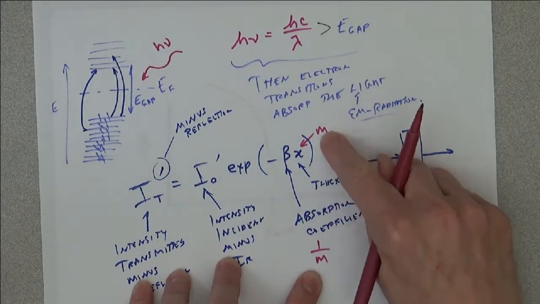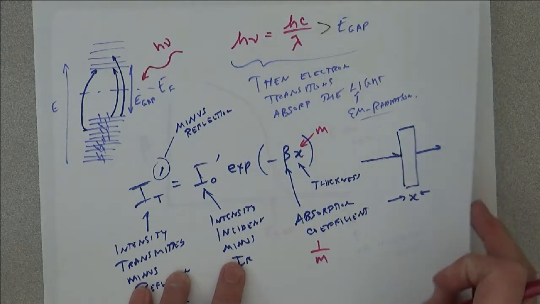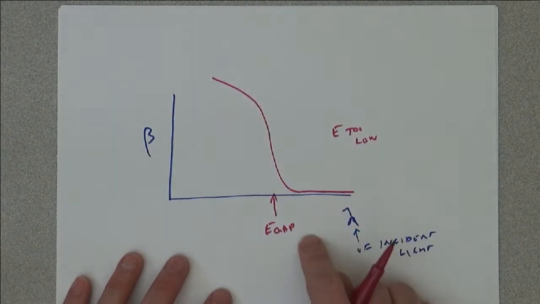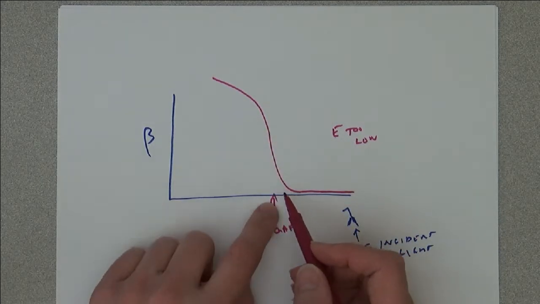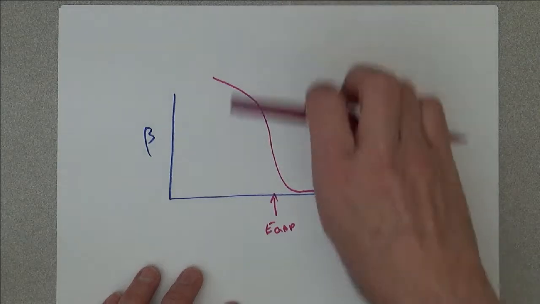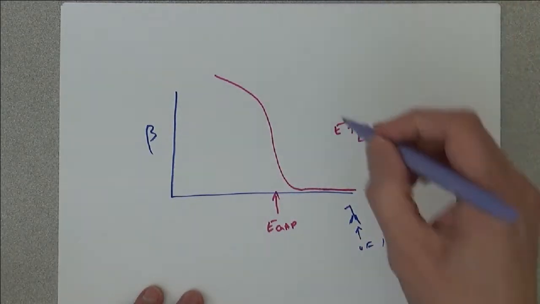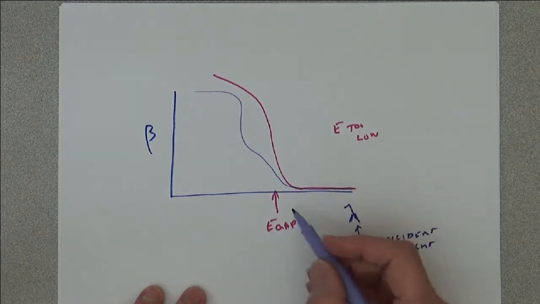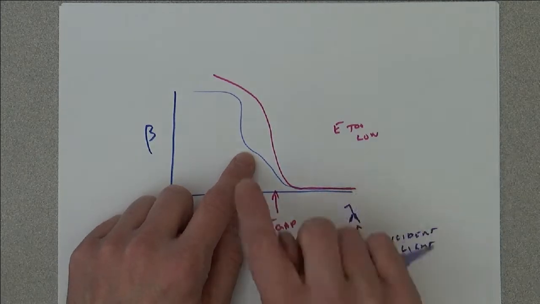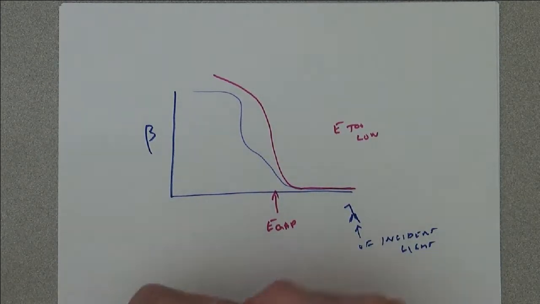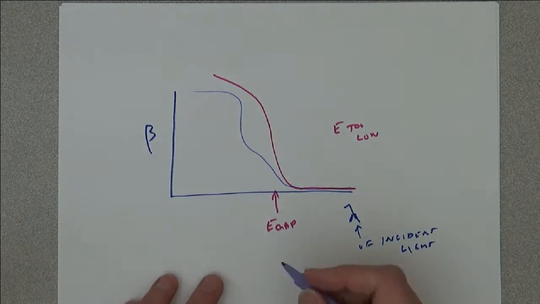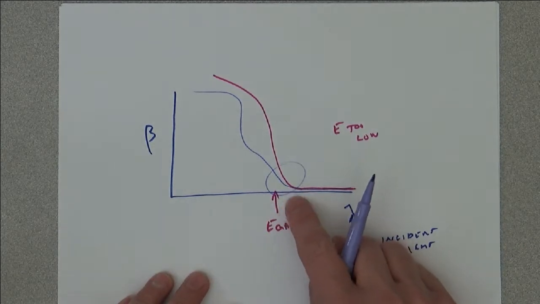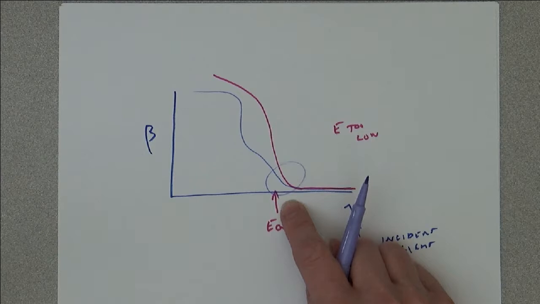This has units of meter. And that's what most materials look like. There's going to be some place where it turns on, and the exact shape of it, whether it does this or it does this, really depends on some of the finer details of the electronic structure that we're not going to discuss here. But fundamentally, where you have this turn on is where you have the fundamental gap energy.